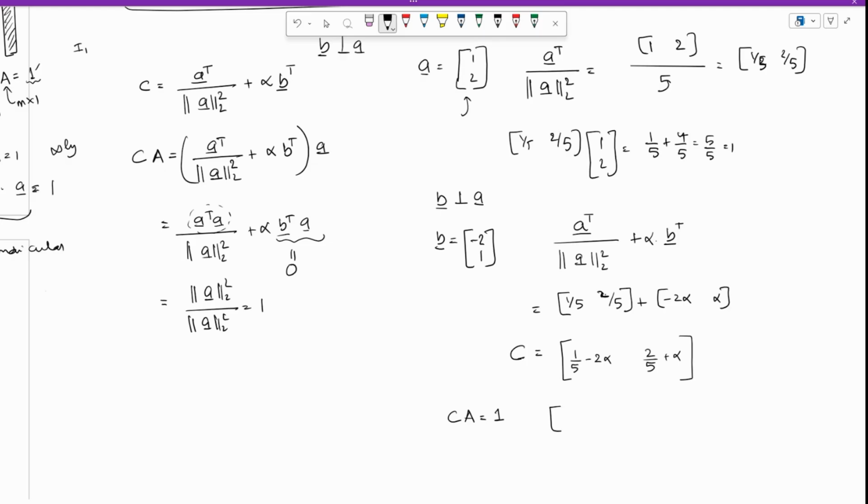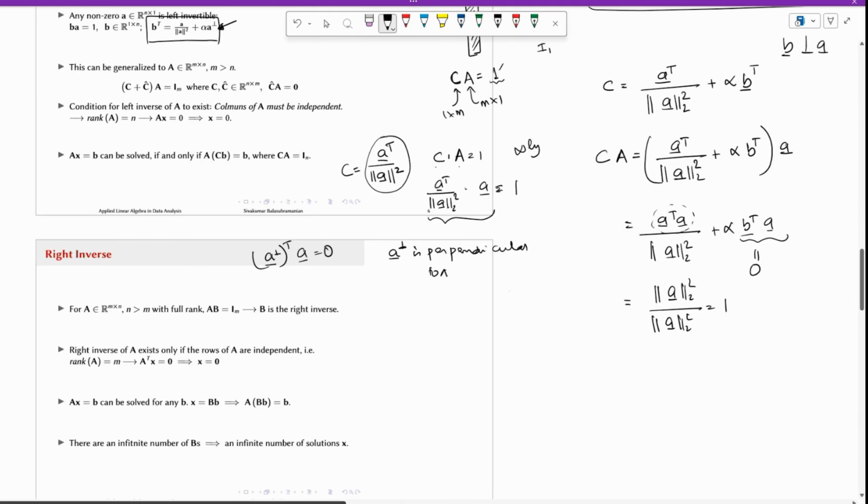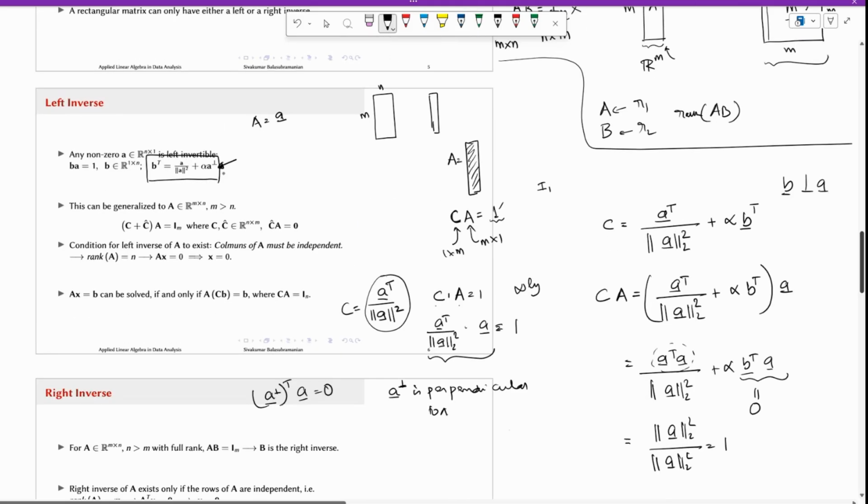Well, let's just do it. 1 by 5 minus 2 alpha, 2 by 5 plus alpha times 1, 2, or 1 by 5 plus 4 by 5 will be 5 by 5, which will be 1. So when you only have one column, this formula here will allow you to easily identify all the left inverses.